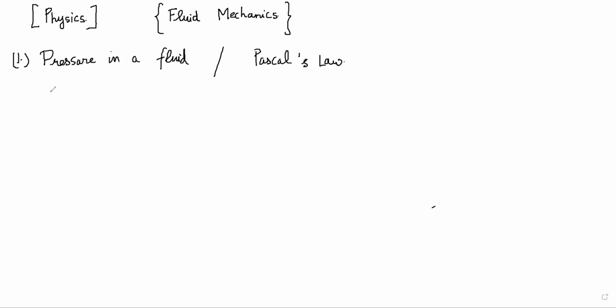So basically, what we will learn is that a fluid cannot sustain any tangential stress. So what does that mean? That means if there is a fluid like this, you cannot have any tangential stress like this on the surface of the fluid, because as soon as you have tangential stress, the fluid column will move to relieve that stress.